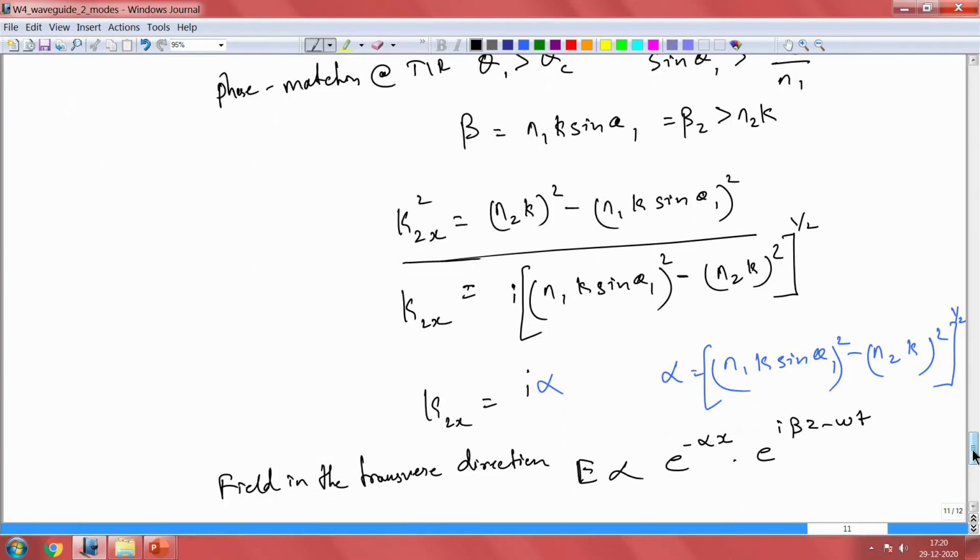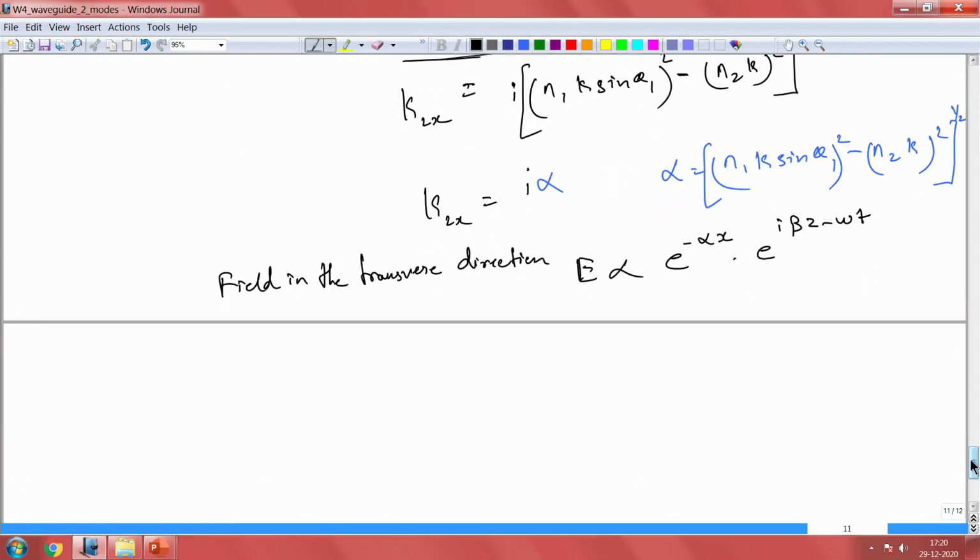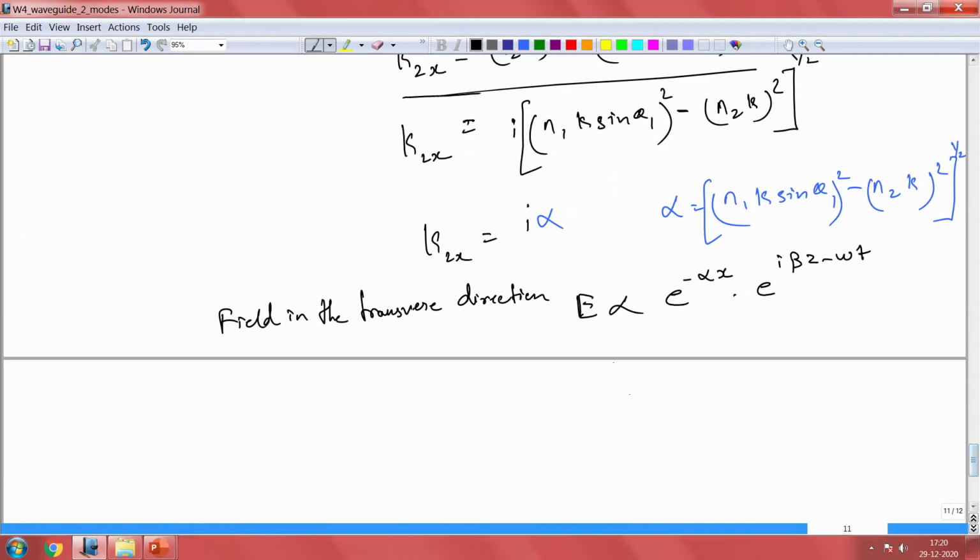The propagation vector will be imaginary. What that means is it is going to be attenuated. So, this alpha that we talk about is nothing but the attenuation, and this is what we call evanescent field. This field that is dying outside is called evanescent field.